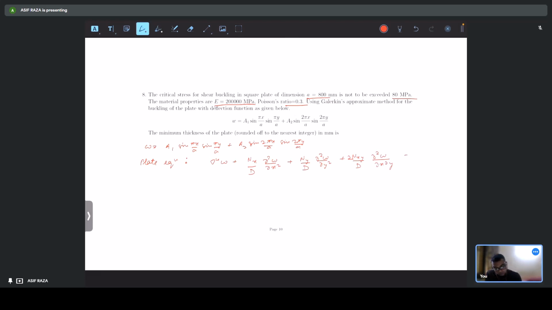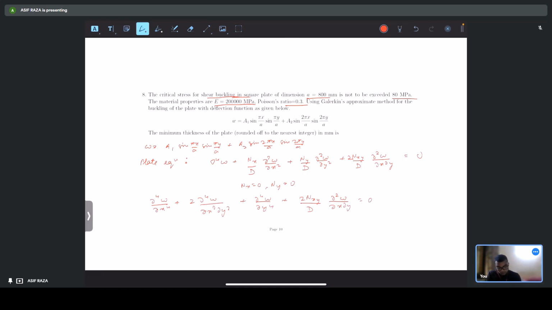So in our case, we have only shear buckling. So Nx is equal to 0 and Ny is equal to 0. Okay, so our plate equation reduces to del to the power 4 W by del x4 plus 2 del to the power 4 W by del x square del y square plus del to the power 4 W by del y 4 plus 2 Nxy by D del square W by del x del y equal to 0.